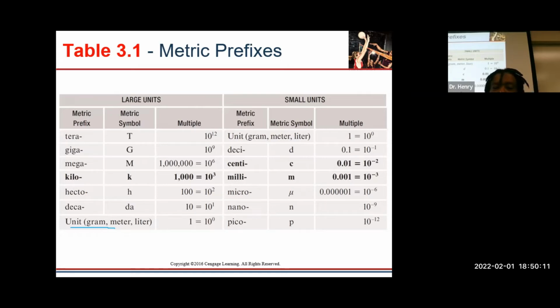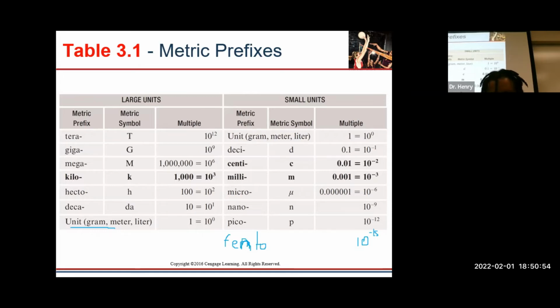I'm going to add one more. Femto, and that's going to be 10 to the minus 15. I ran out of room again. It's an M. Sorry, my 3rd grade writing.